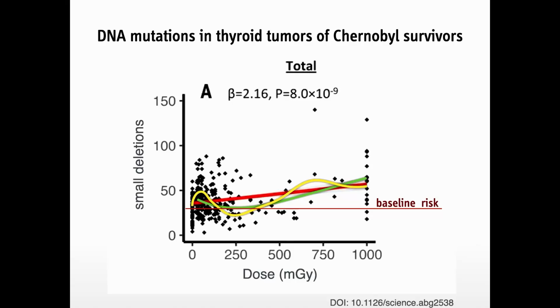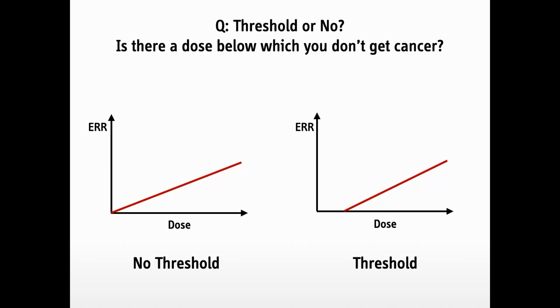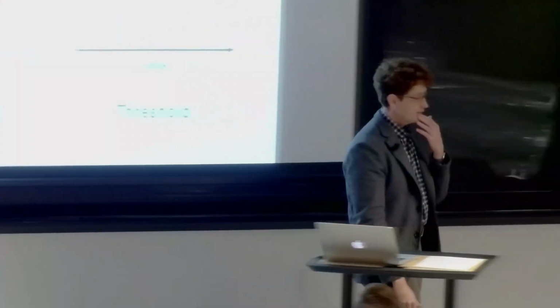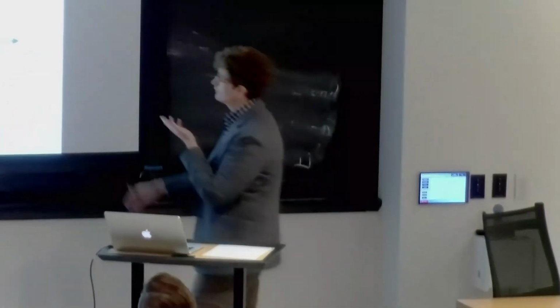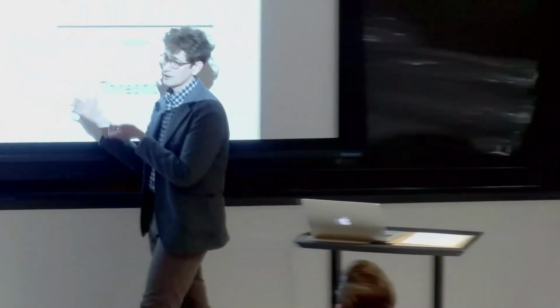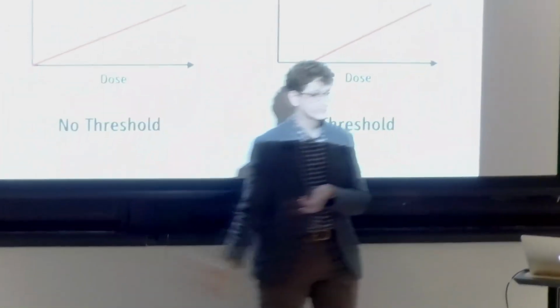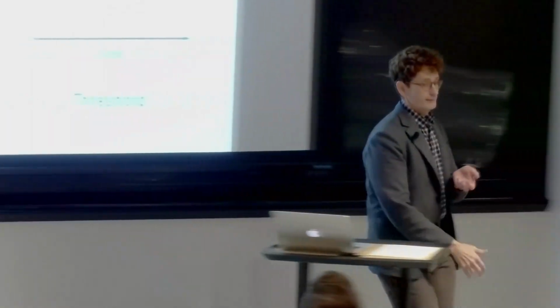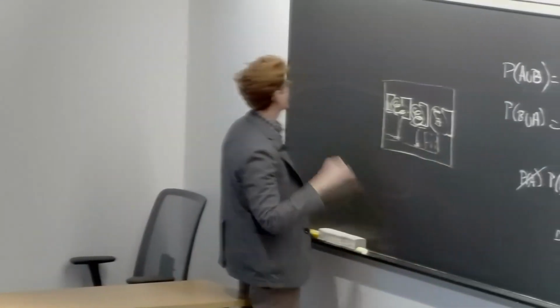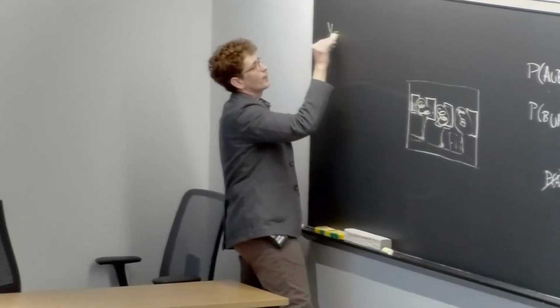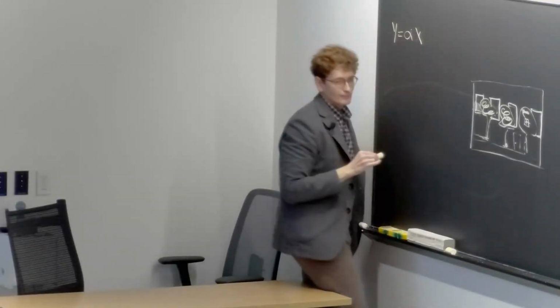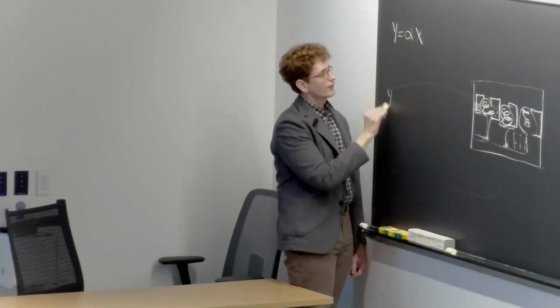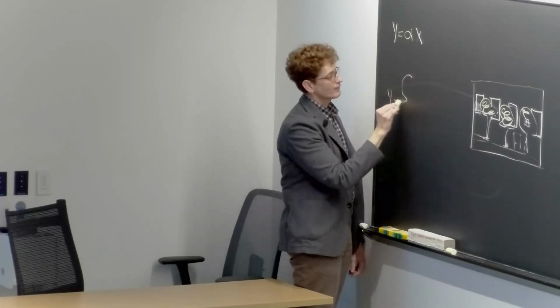So one of the things that comes up often in radiation is, should there be a threshold? And so one question might be, is this model actually really more complicated than this model? And the answer is yes, right? So in the no threshold model, our model is something like y equals alpha x. And in the threshold model, our model is piecewise.